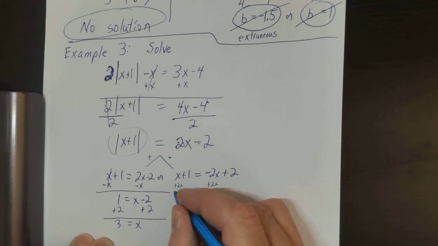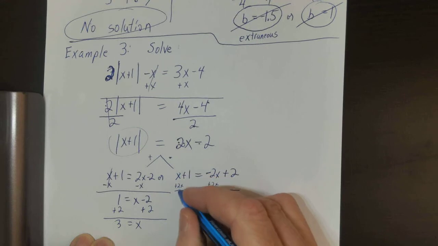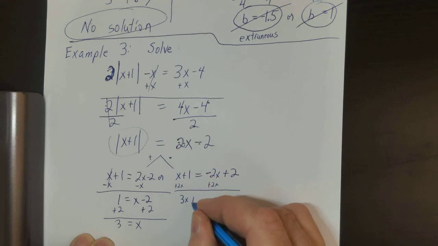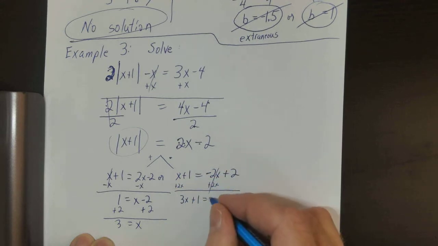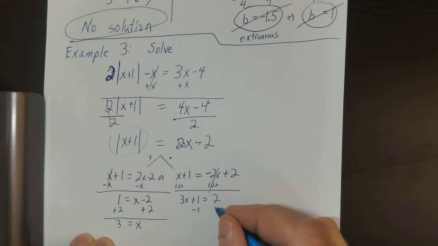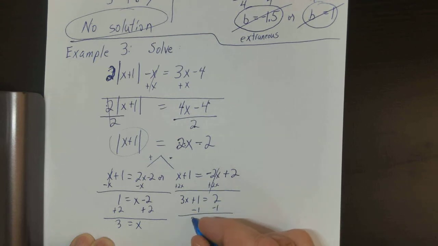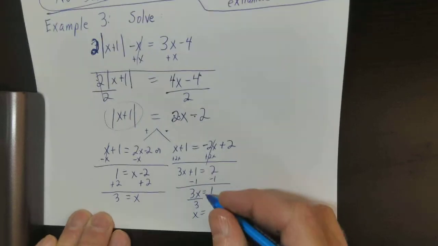I don't have to deal with a negative x then. x plus 2x is 3x plus 1. Those cancel, equals 2. Let's subtract 1 from both sides. I have 3x equals 1. And then when I divide by 3, x is 1/3.